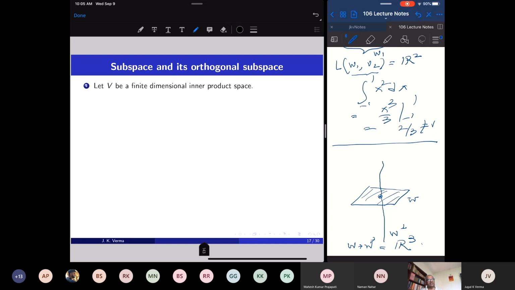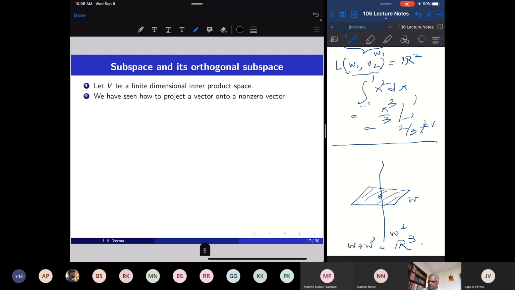We did this in the Gram-Schmidt process. I had a mutually perpendicular set of vectors in a subspace, and then I constructed a vector Wm plus 1 which was perpendicular to every Wi previously constructed. So now we look at all vectors which are perpendicular to vectors in a given subspace.